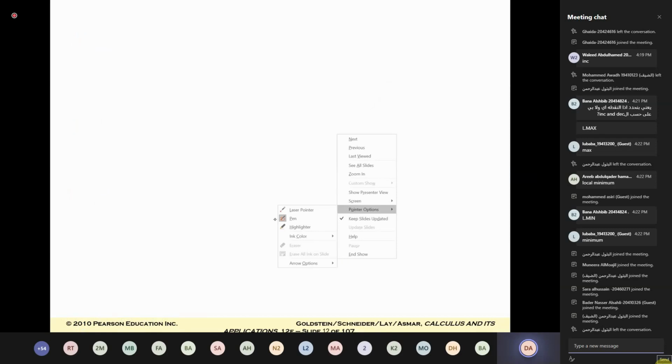Now, example: find the local maximum and minimum of f of x.